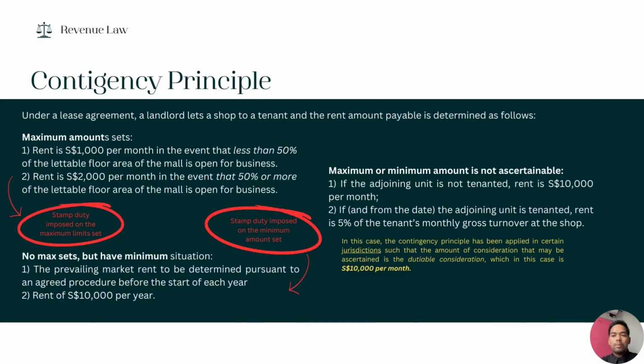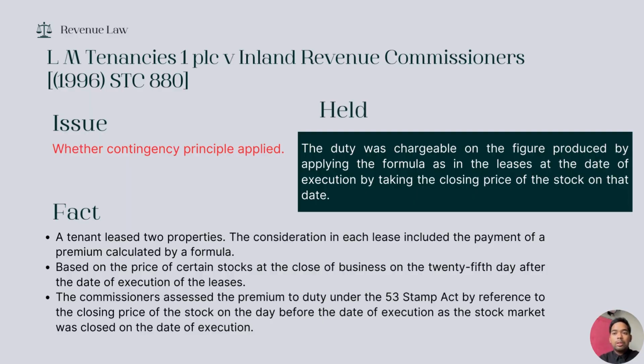impose the stamp duty. So by referring to LM Tenancies and Inland Revenue Commissioner, the fact of this case is that the tenant leased two properties, and the consideration in each lease included the payment of a premium calculated by a formula. The formula in the tenant's lease is based on the price of a certain stock at the close of business on the 25th business day after the date of the execution of the lease.